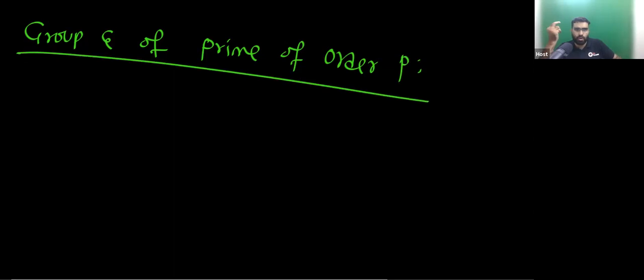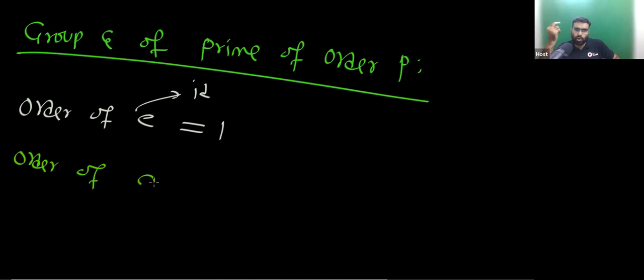What is the order of the identity element? That will always be 1. But what is the order of A, where A is not equal to E? That will definitely be P.